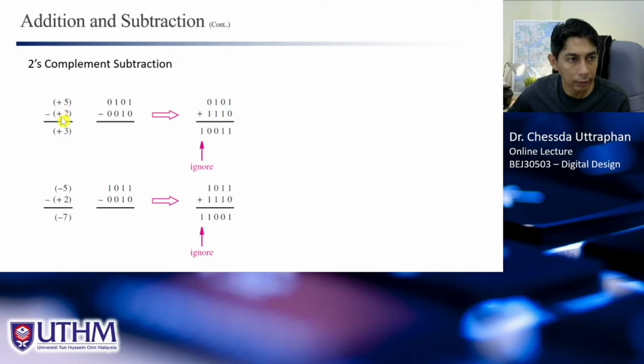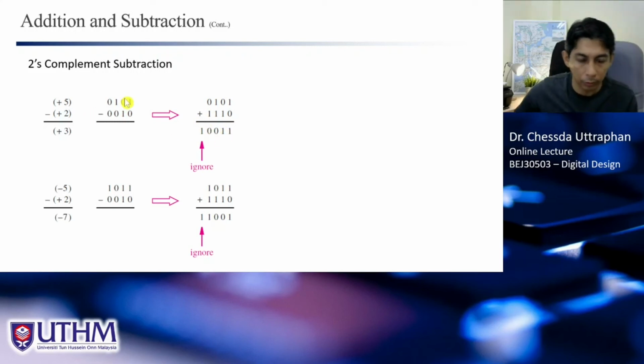Subtraction is actually the same as that one. Plus 5 plus 2, minus plus 2, we change to this, and we can get this.